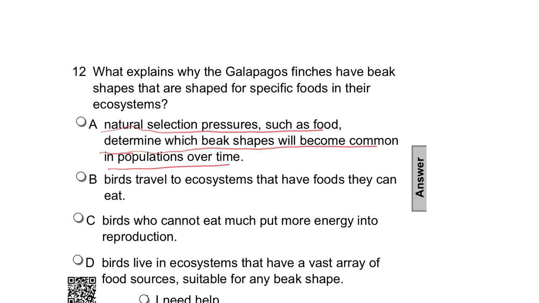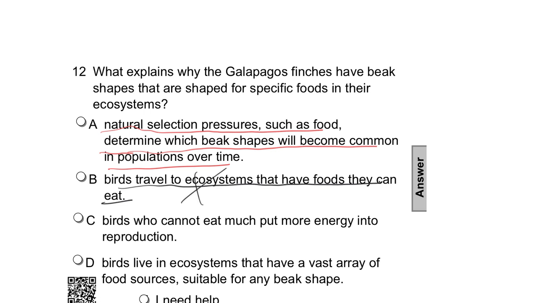That seems right. Well, I don't like how it's worded exactly, but let's look at some other choices, see if they're better. Birds travel ecosystems to have foods they can eat. No, those birds with different kinds of beaks did not come from somewhere else and settle in a place where their beak fit the food. That's not true.